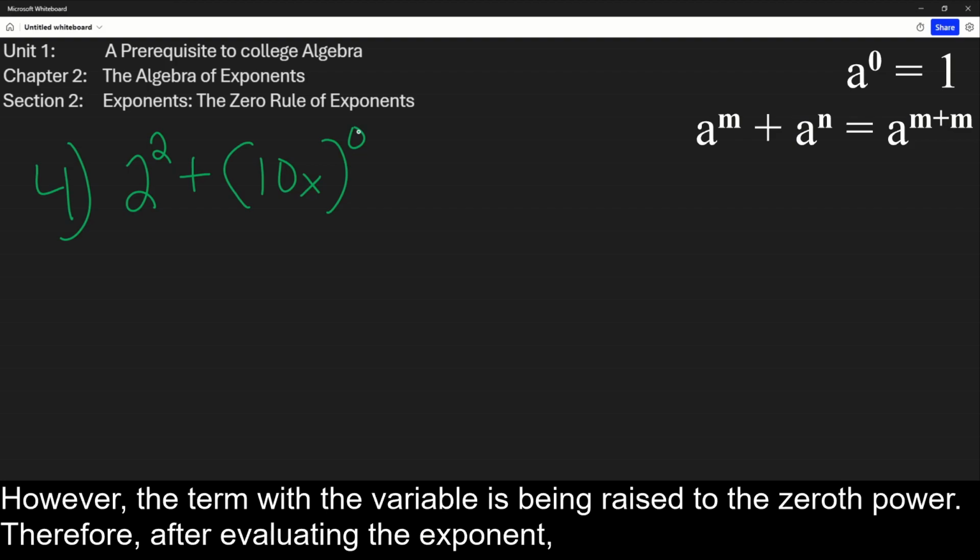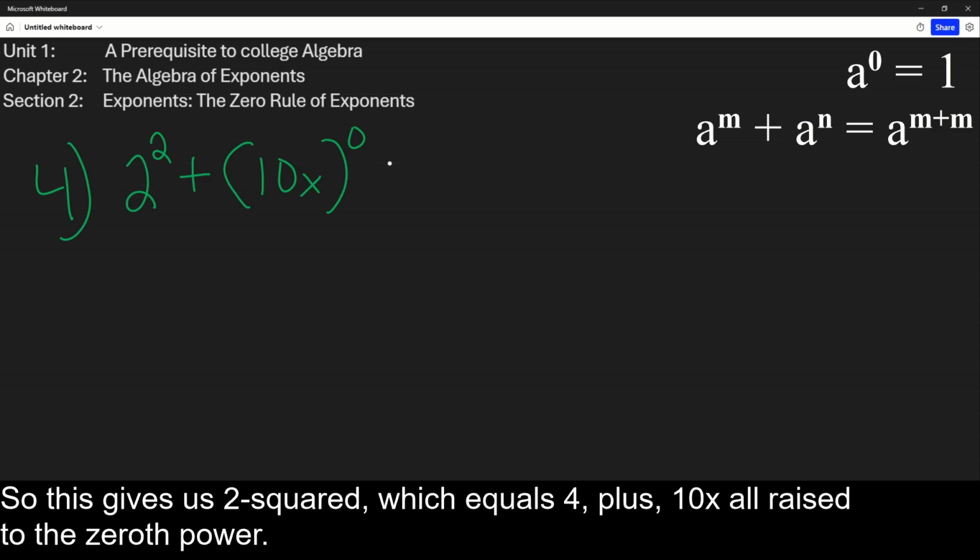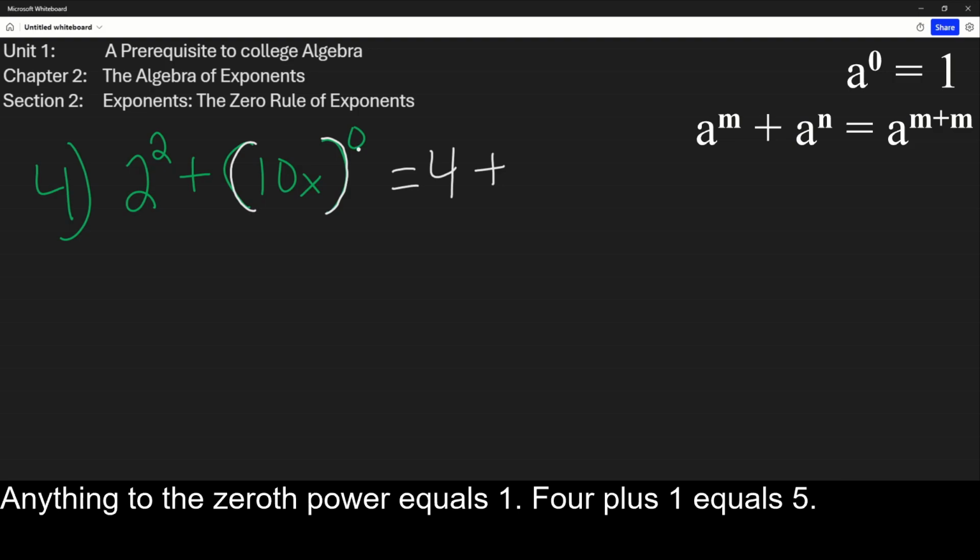Therefore, after evaluating the exponent, the variable along with its coefficient will become 1, allowing us to combine the two constant terms. So this gives us 2 squared, which equals 4, plus 10x all raised to the 0th power. Anything to the 0th power equals 1. 4 plus 1 equals 5.